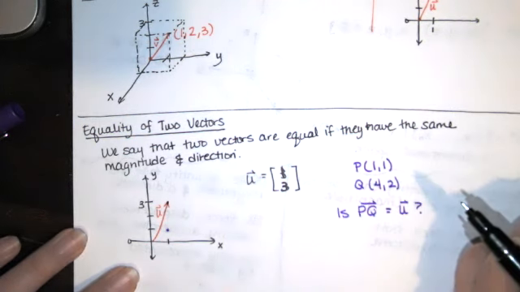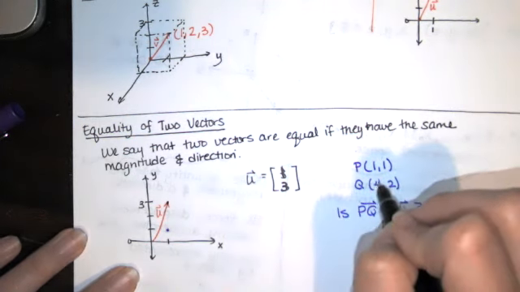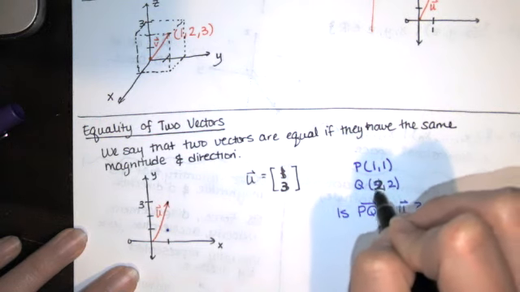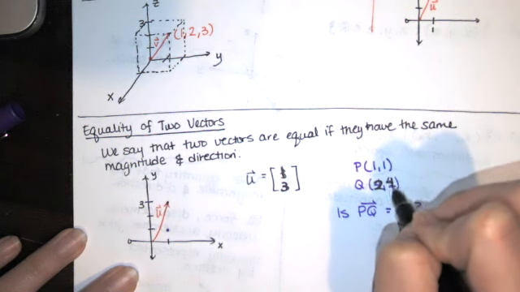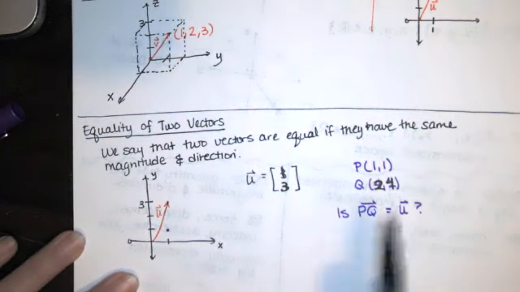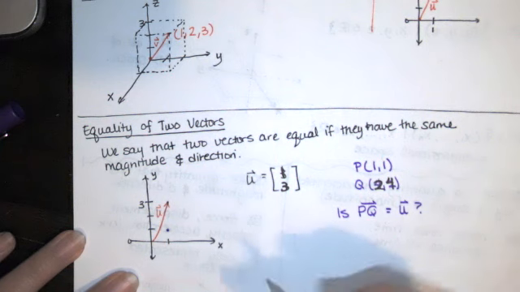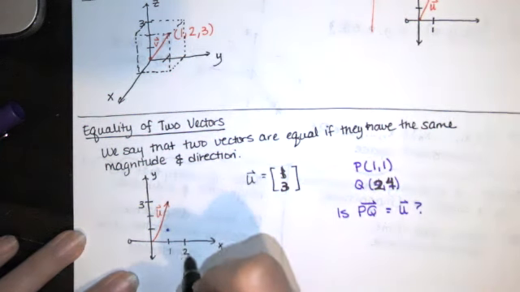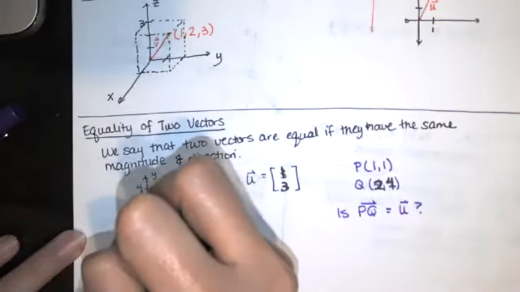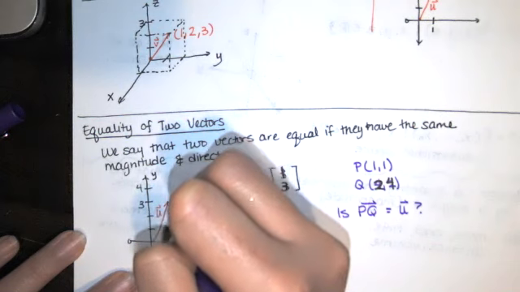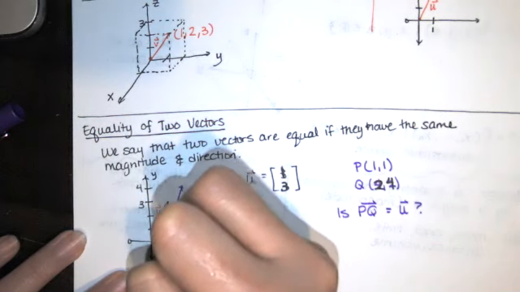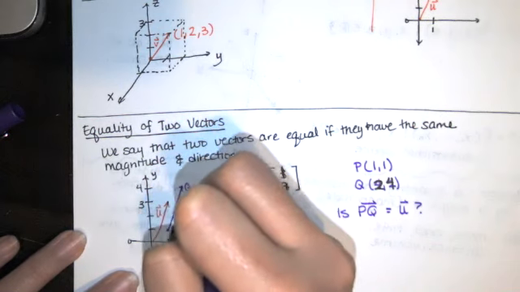Let's make this 2 and 4. I'll start at the point 1, 1, and then I'll go to x equals 2, y equals 4. And I'll plot that point. That's my vector from P to Q. We call it the vector PQ.